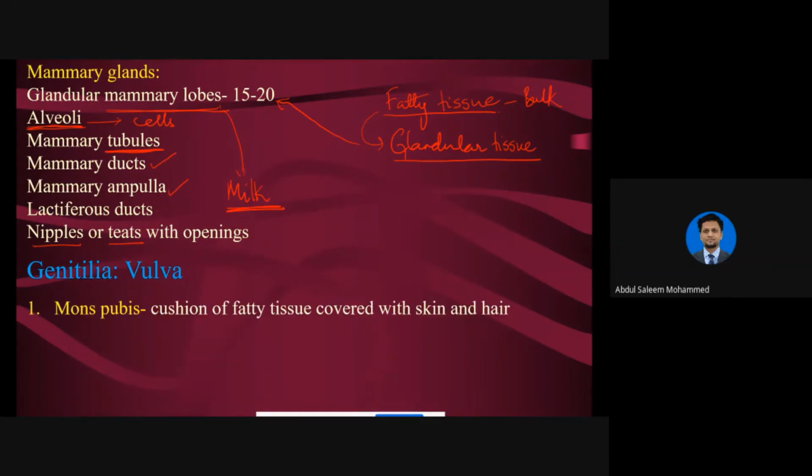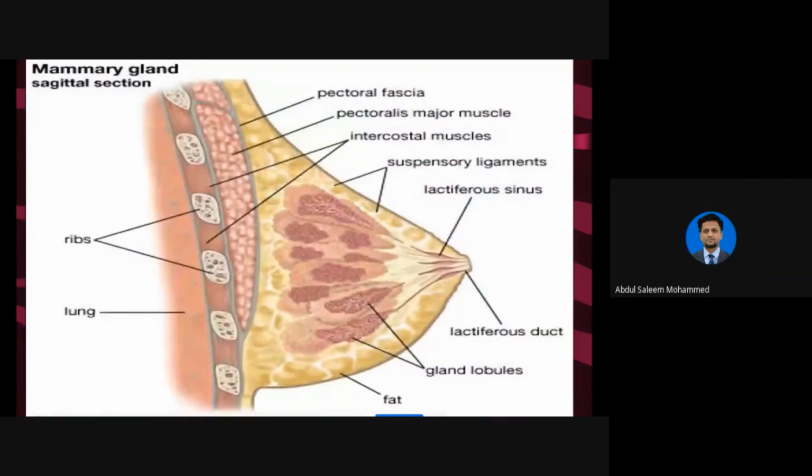Okay, that's how the mammary glands are. And here we have the picture of the mammary glands explaining every bit of it. All the parts are mentioned there. What are the different parts? Over here you can see the glandular tissue, which is divided into a number of lobes, and these lobes are called the mammary lobes. These mammary lobes give rise to the alveoli. Alveoli give rise to mammary tubules, and these mammary tubules continue as mammary ducts.